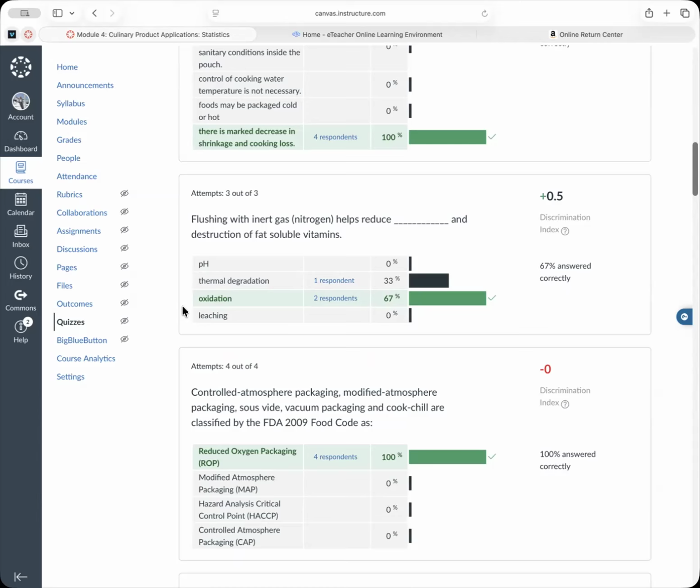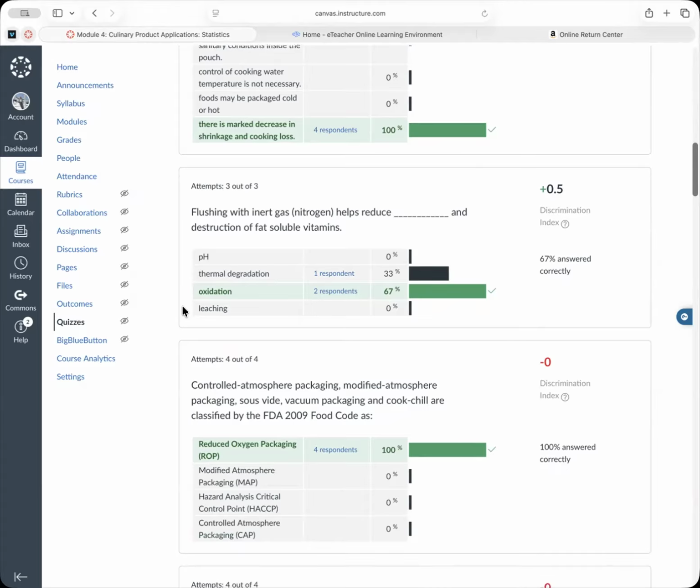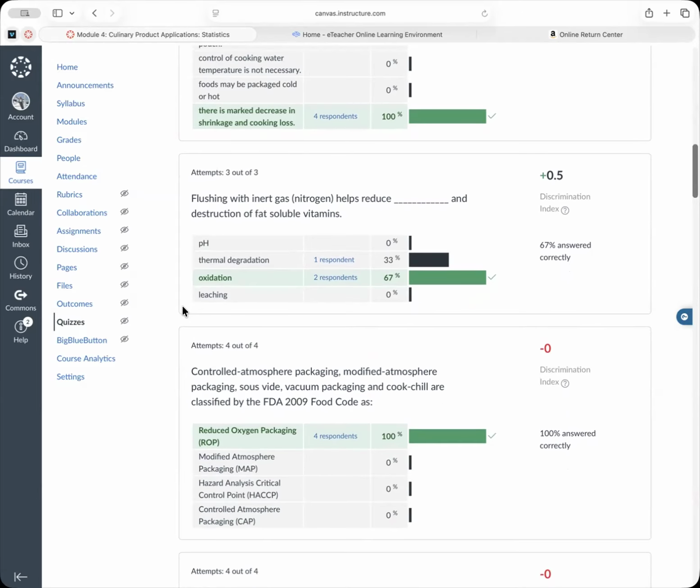I don't think that one was on mine. Okay. Yeah, that's what Ben says. So yeah, there are 20 questions, but there's more than 20 in the test bank.